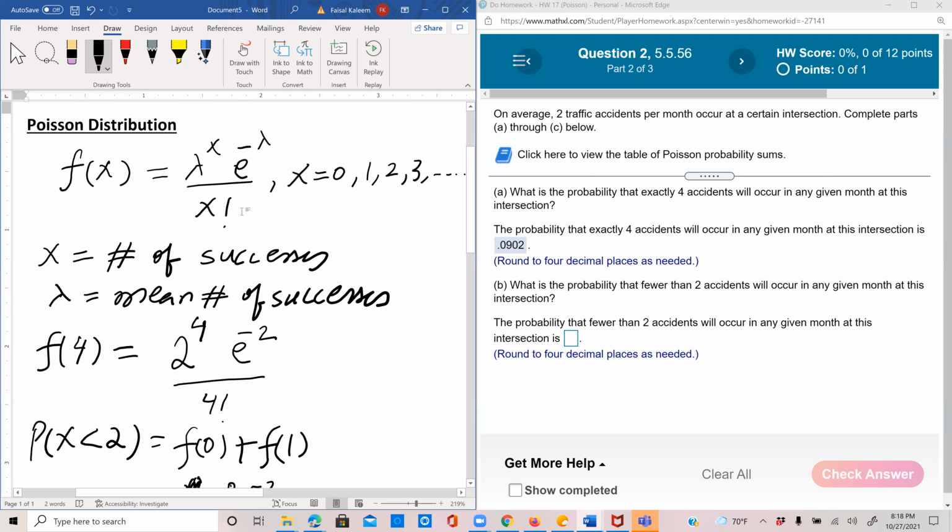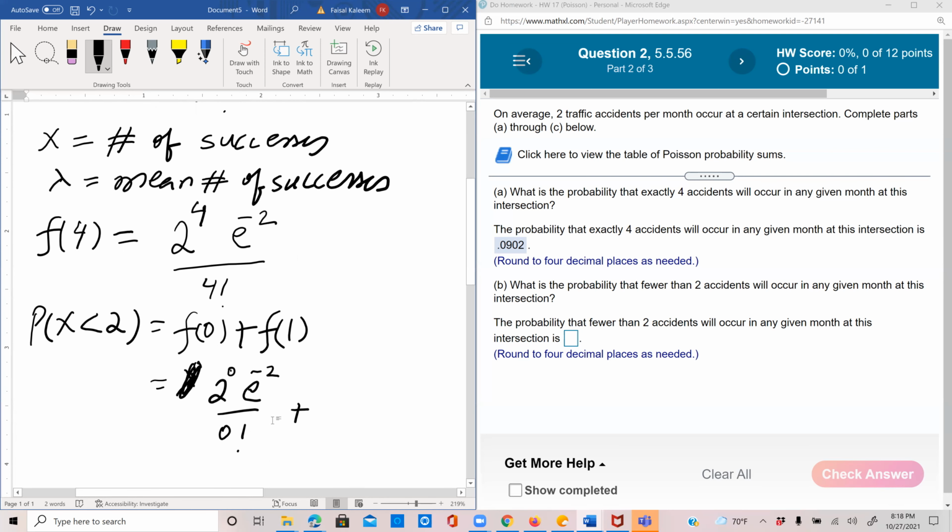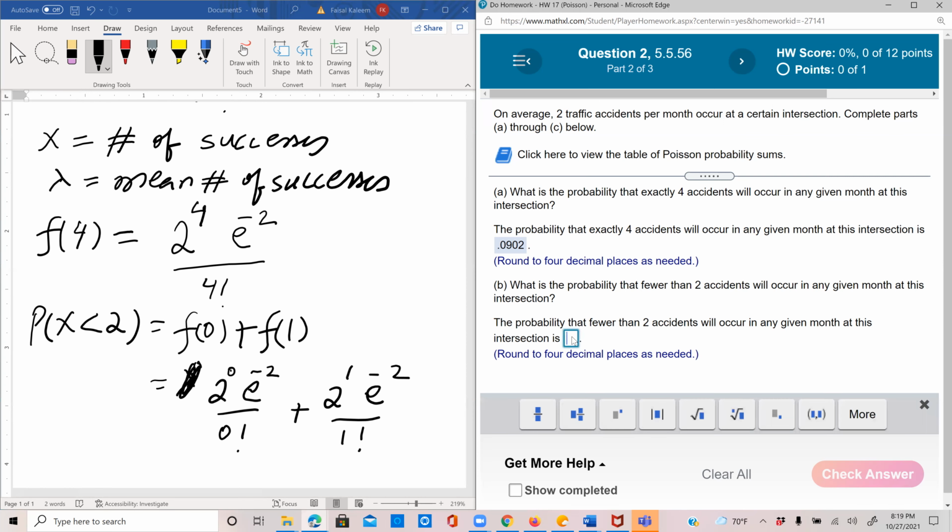So f of 0 would be 2 power 0, e power negative 2 over 0 factorial. And then f of 1 would be 2 power 1, e power minus 2 over 1 factorial. Let's work this out. So that comes to 0.406.